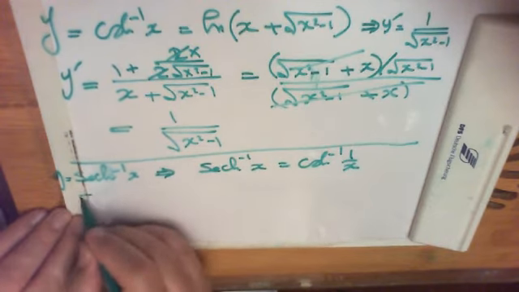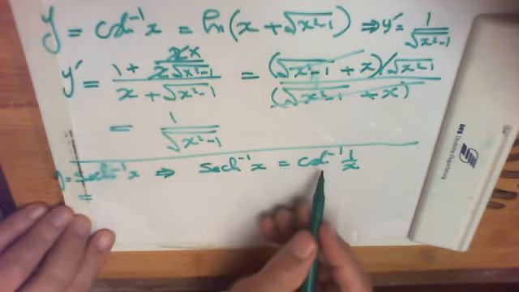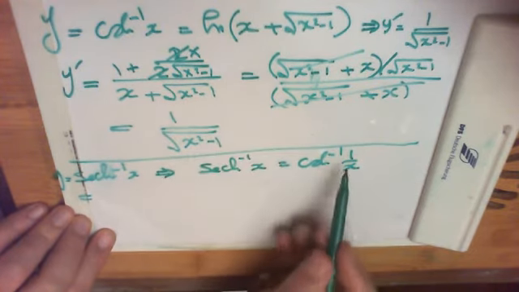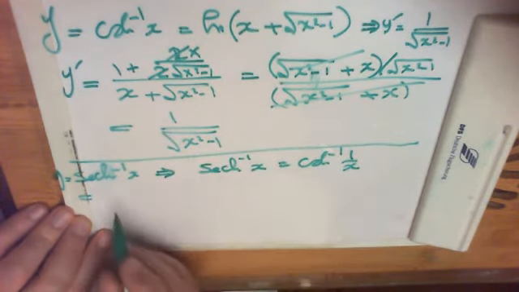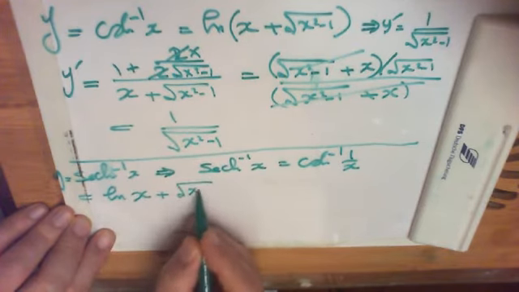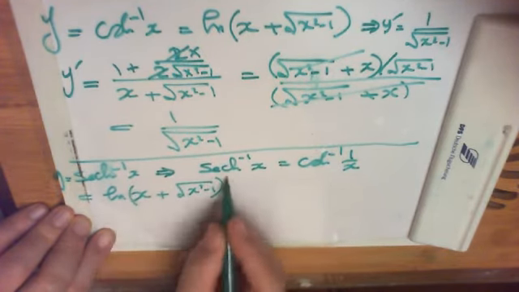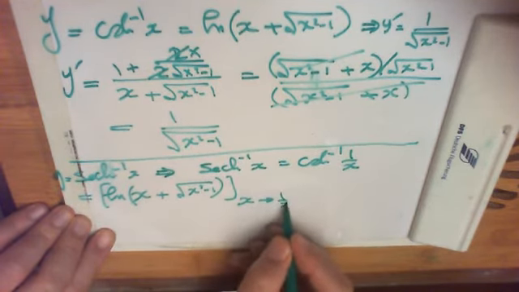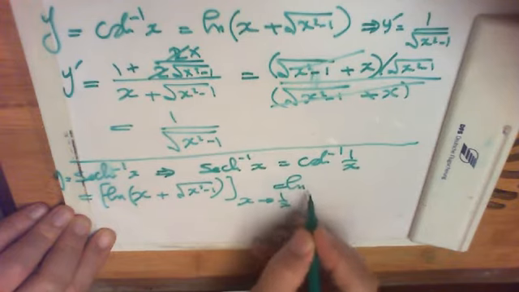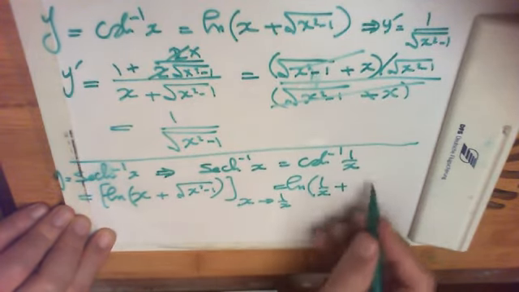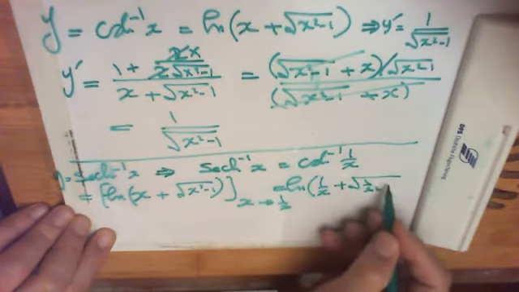So we obtain the logarithmic form of cosh minus 1 and replace each x by 1 over x. So this equals ln of x plus square root of x squared minus 1, where every x is replaced by 1 over x, which is ln of 1 over x plus root of 1 over x squared minus 1.